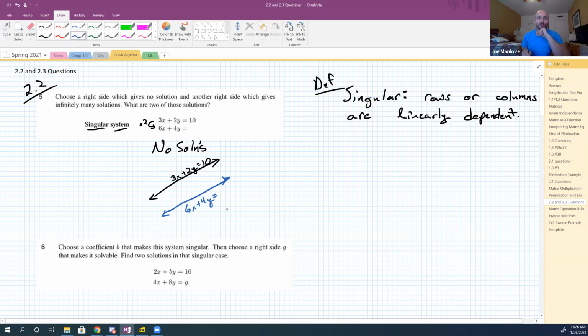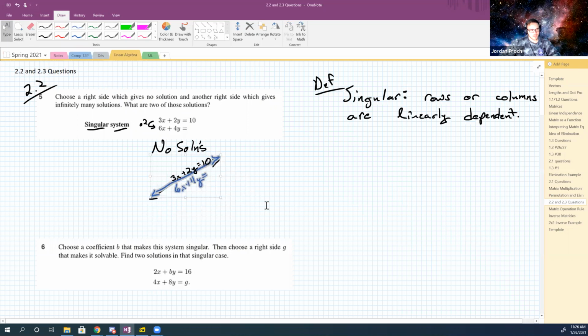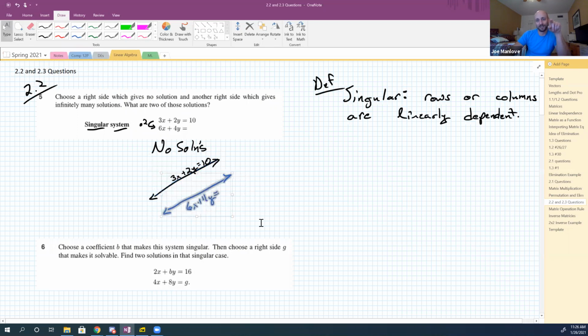Go ahead, Jordan. I was going to say on a different plane or shifted to a different y-intercept. Yeah, like this would be infinitely many solutions if they're sitting on top of each other, and this is not. So I need them to sit somewhere else. So I need this to be a different equation than 3x plus 2y equals 10. So how do I make this a different equation?